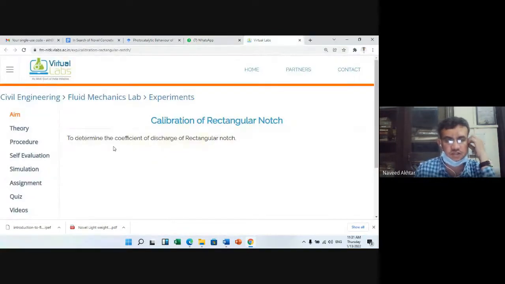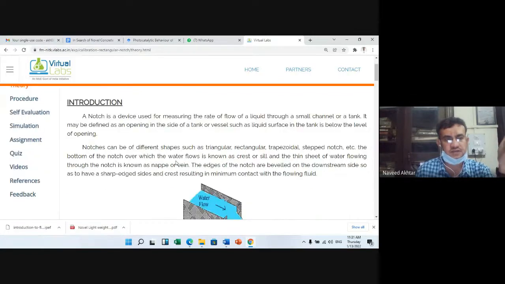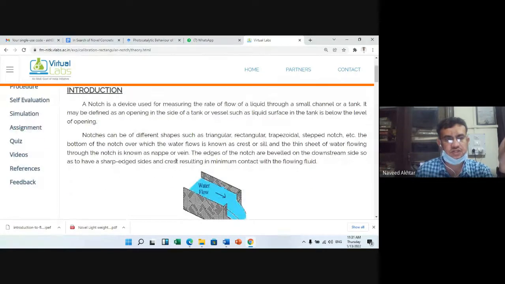This is a rectangular notch, calibration of rectangular notch. This experiment we will do. Aim is to determine the coefficient of discharge for the rectangular notch. In theory, the theory part we have already discussed. A notch is a device used for measuring the rate of flow or discharge of a liquid through a small channel or a tank.